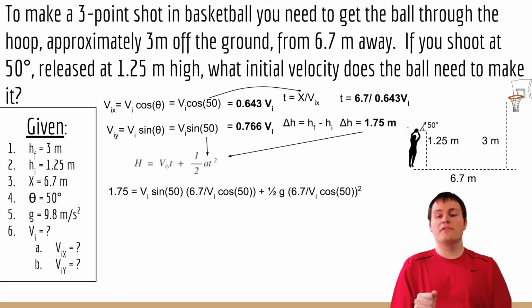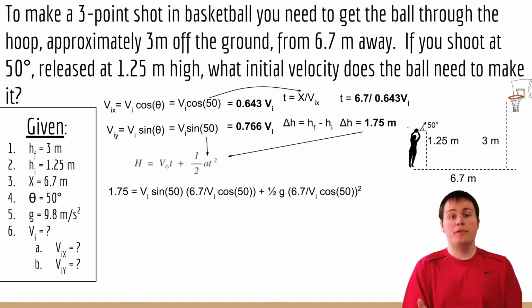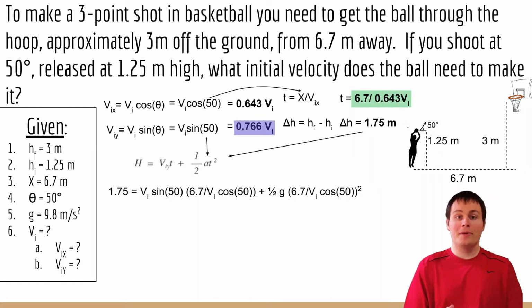So instead of just leaving them sine and cosine, you can actually find what the numerical value of the cosine of 50 and the sine of 50 is, and plug those in so you can multiply that by the initial velocity. And then once you do that, make sure that you also sub those in to your equation for time. And after you've made all of those substitutions, make sure you substitute it back into the big equation.